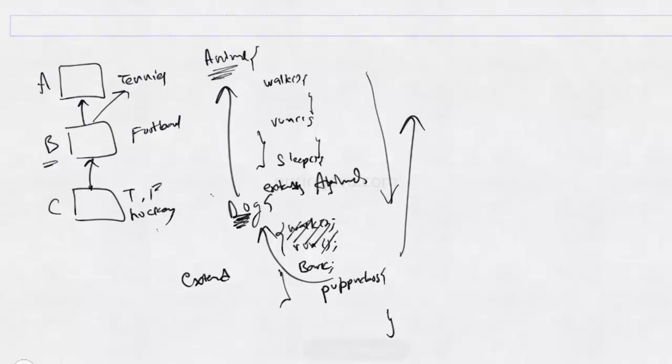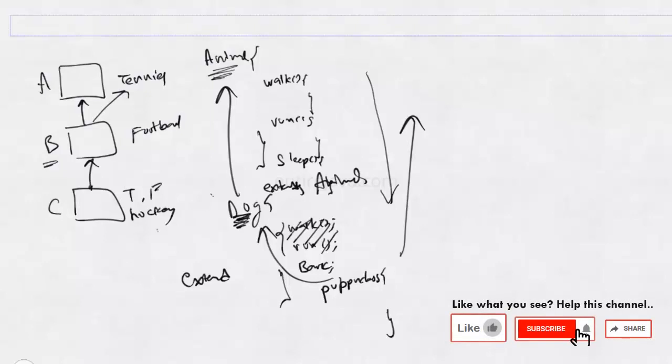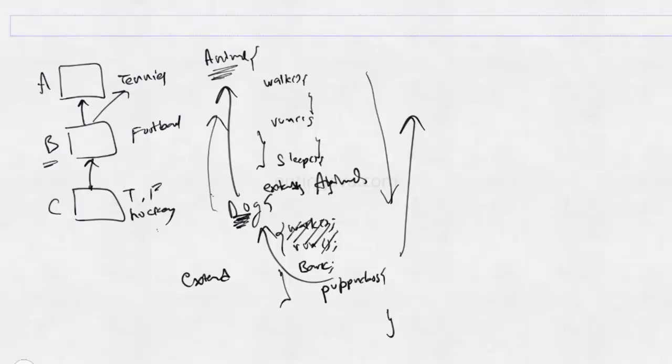So that's what is inheritance in Java. In this example, the animal class is called a parent class or a superclass or a base class, while the dog class is called a child class or a subclass or a derived class. Dog is a child class of animal. Puppy class is a child of dog class.